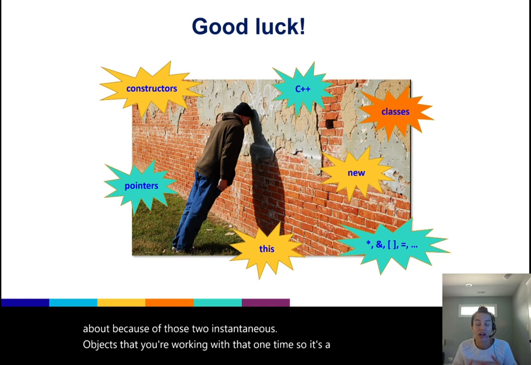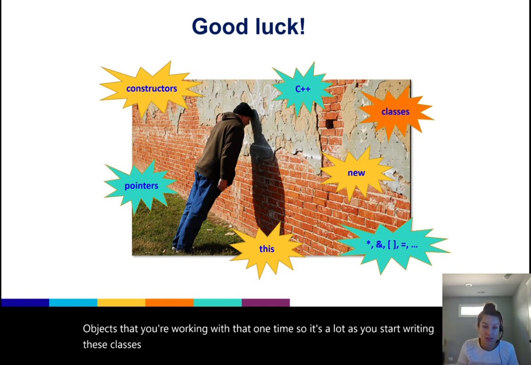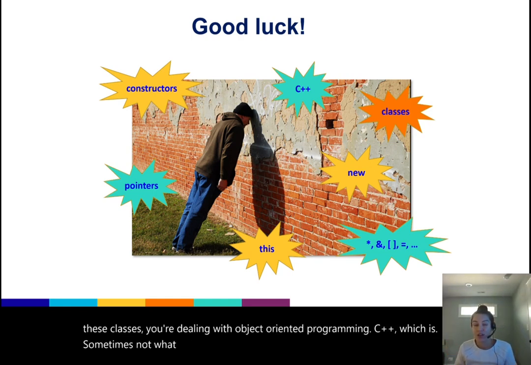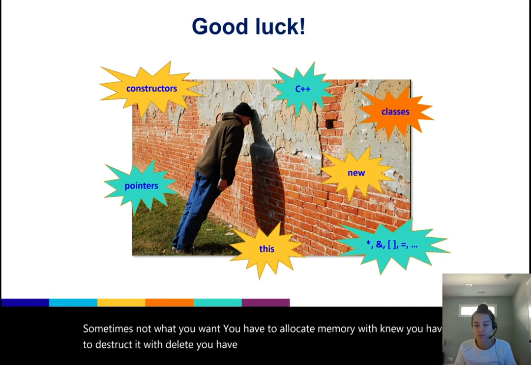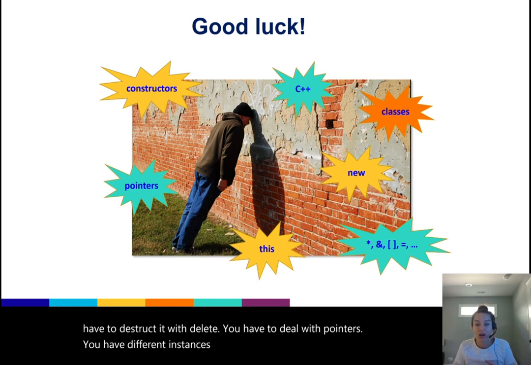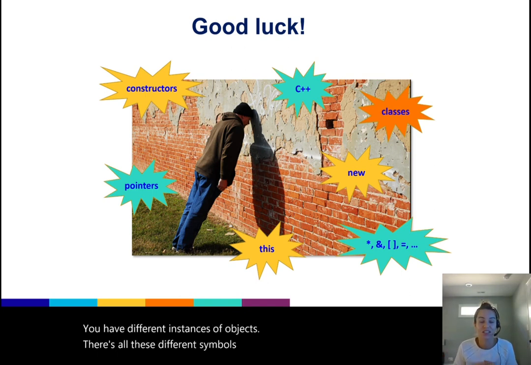As you start writing these classes, you're dealing with object-oriented programming, C++, which is sometimes not what you want. You have to allocate memory with new, you have to destruct it with delete, you have to deal with pointers. You have different instances of objects. There's all these different symbols. Many of them mean lots of different things.